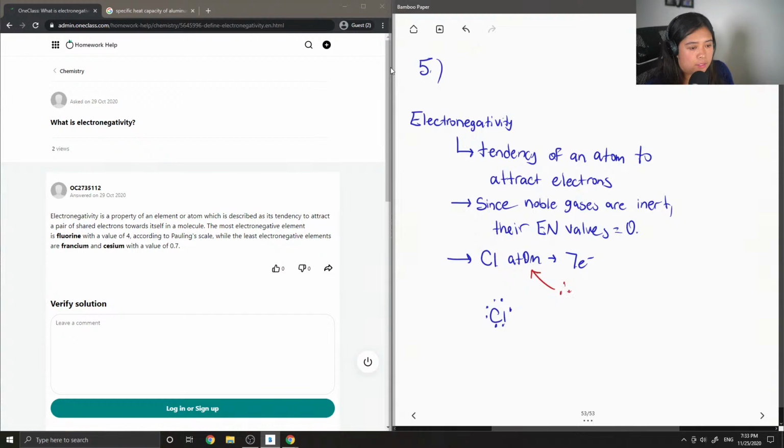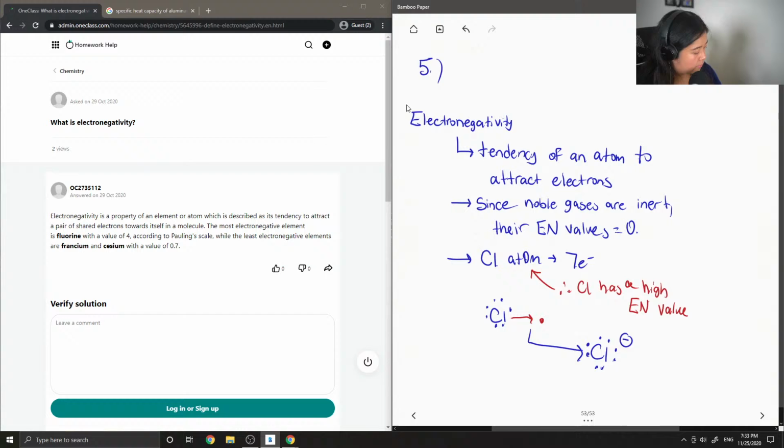So therefore, chlorine has a high electronegativity value. Then I'll just draw out that it wants to gain another electron and become Cl- in order to get that full octet.